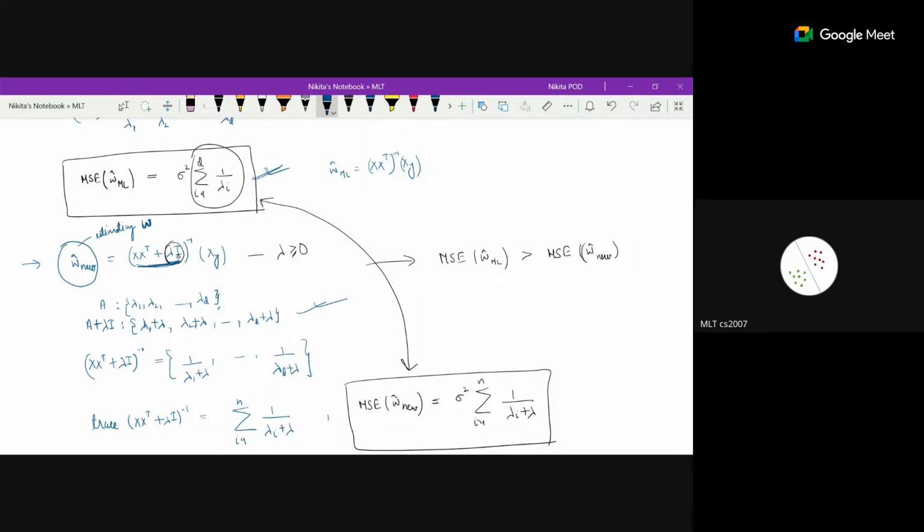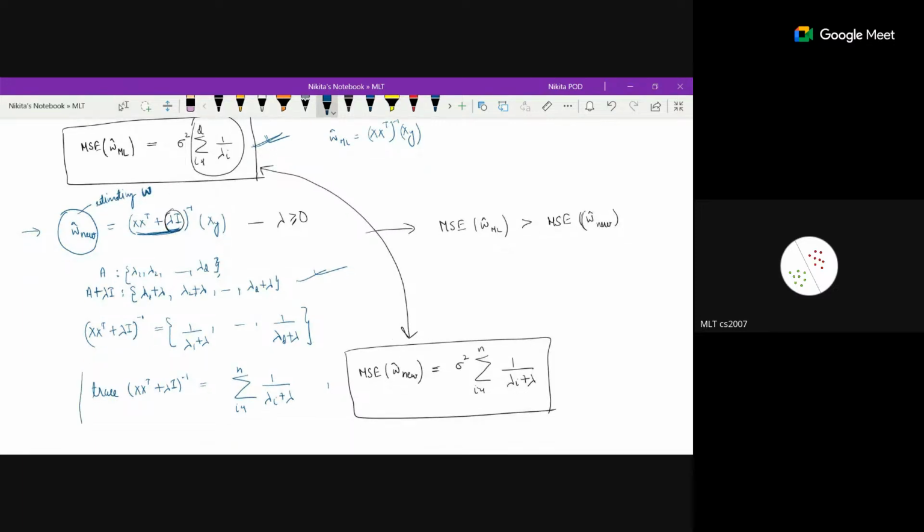If you add lambda I to this matrix, the eigenvalues would be lambda i plus lambda. The inverse would be the reciprocal of all these eigenvalues, and the trace would be the sum of these. So the trace of this matrix, XX transpose plus lambda I, inverse, turns out to be the sum of 1 upon lambda i plus lambda.